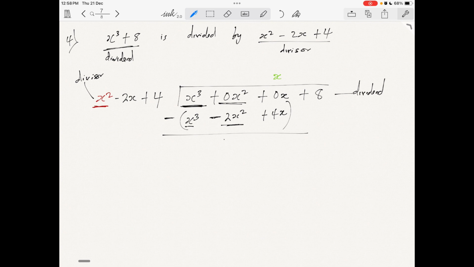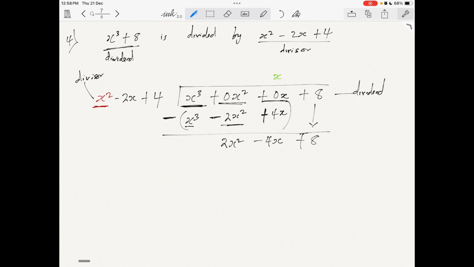So we have 0 plus 2, that will give me 2x squared, then 0 again minus plus 4x. So that's 0, since minus times plus will give us minus. So 0 minus 4x will give us minus 4x. And as usual, we can drag this one down, plus 8.